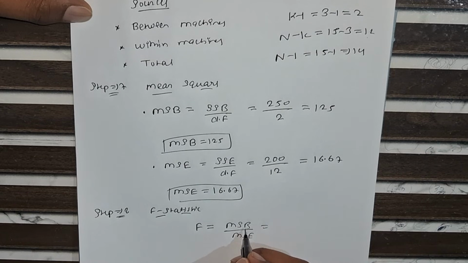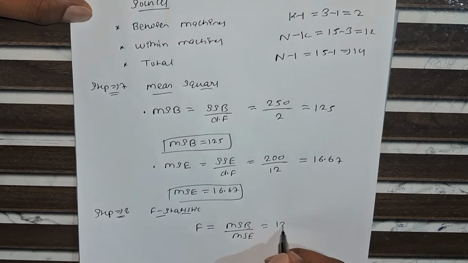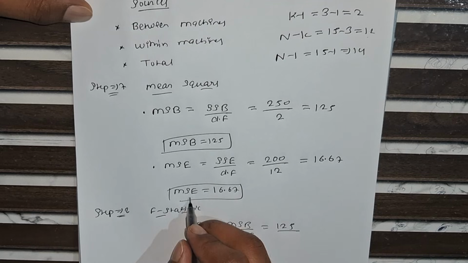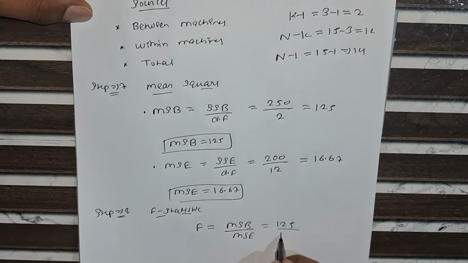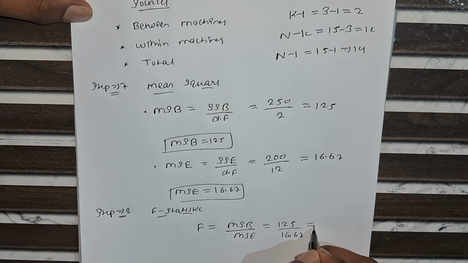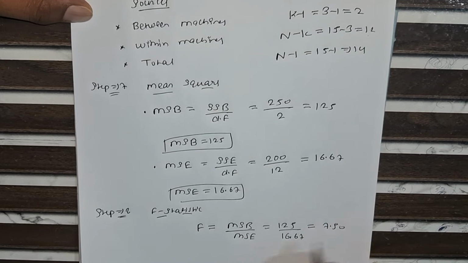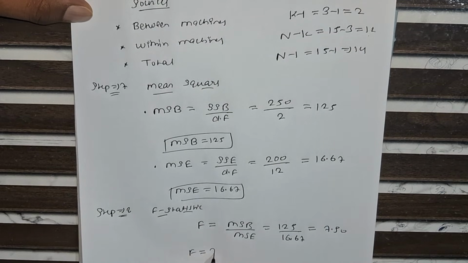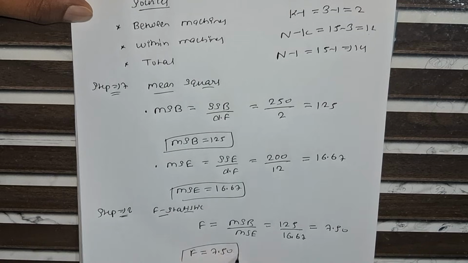So 125 divided by mean square within the machine, which equals 16.67. When you calculate it, it becomes 7.50. So our F statistic value is 7.50.